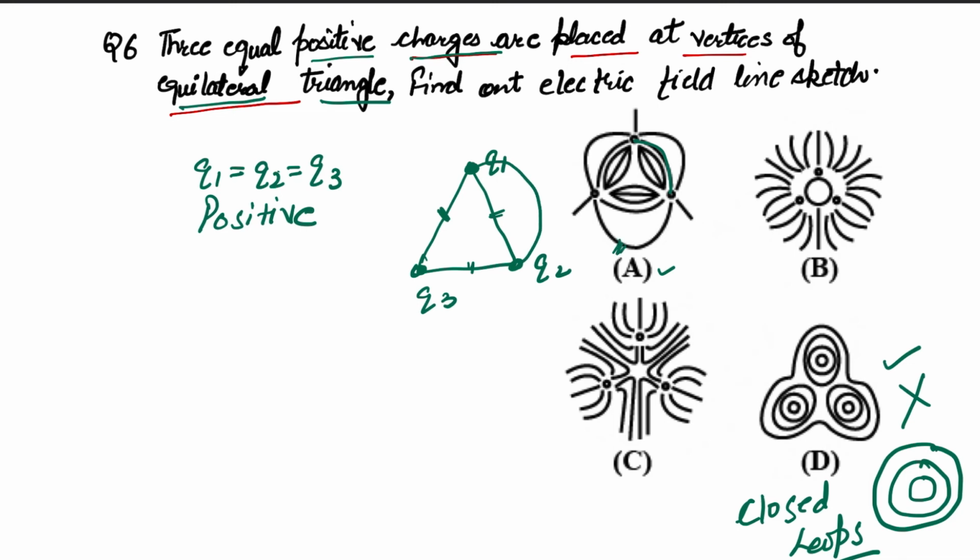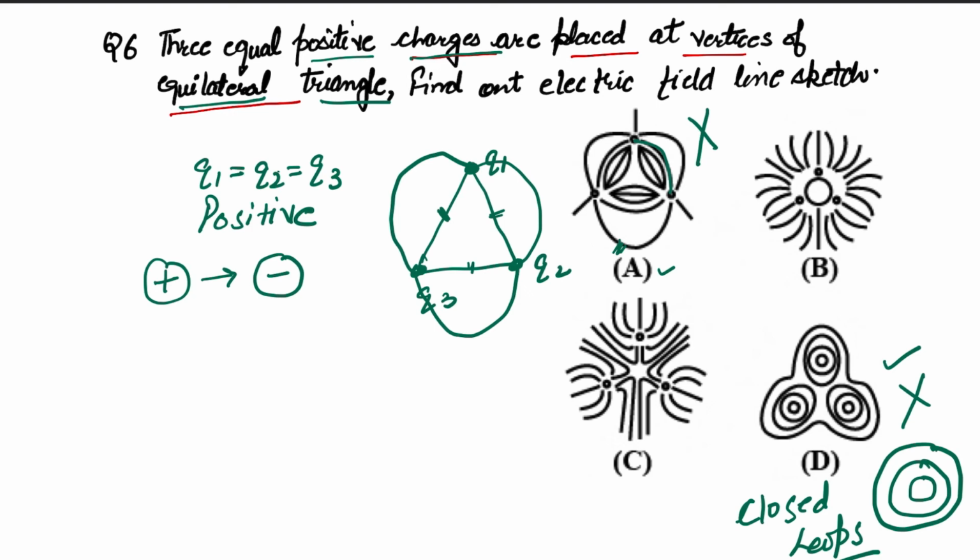What does this mean? The electric field starts from here and ends here, and starts from here and ends here, which is not possible because electric field lines start from a positive charge and end at a negative charge as per the property of electric field lines. So this option is gone.